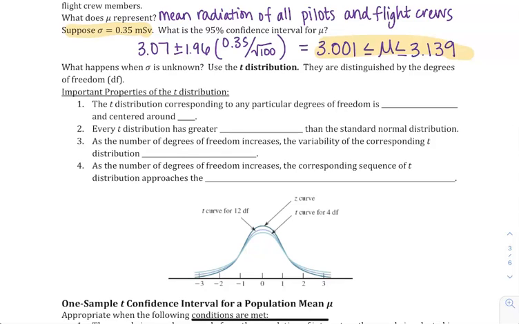Before I talk about the t-distribution, proportions can use the z-distribution. Proportions always go to normal. I don't need to go into that. If you really want to study, you can look online. But for proportions, normal distribution's fine. For means, we can't do that without knowing sigma.